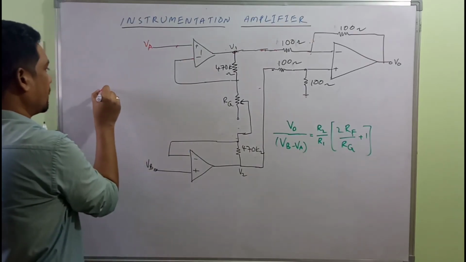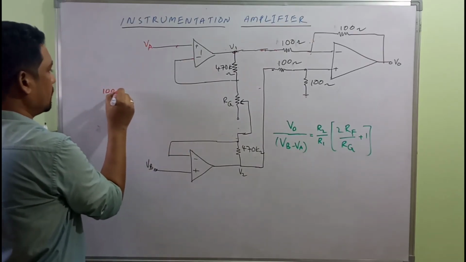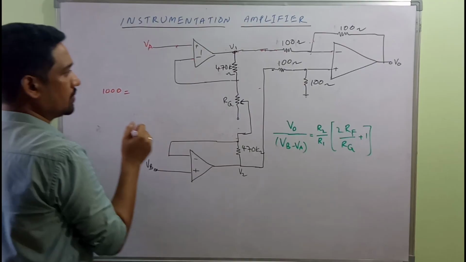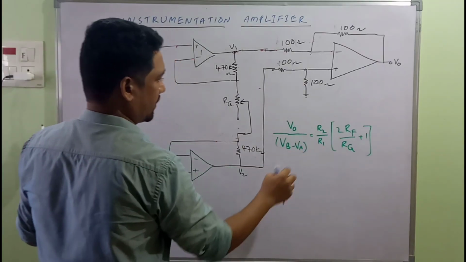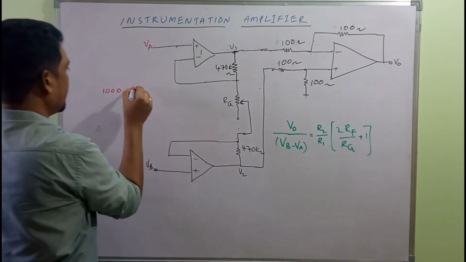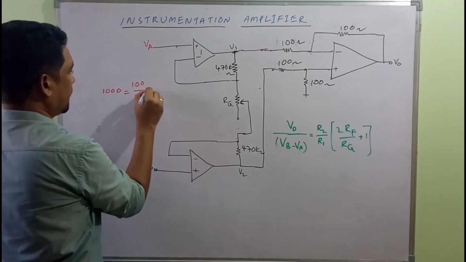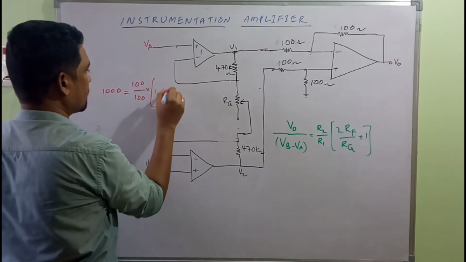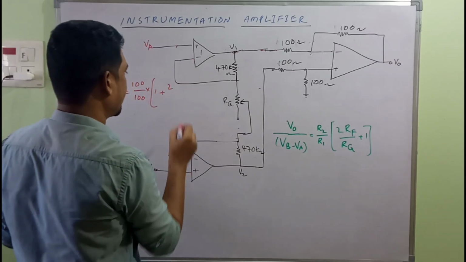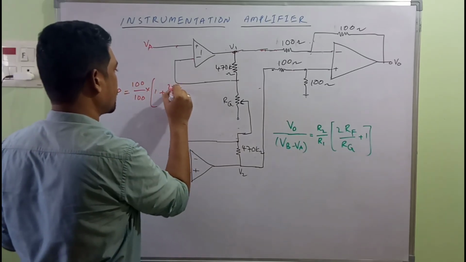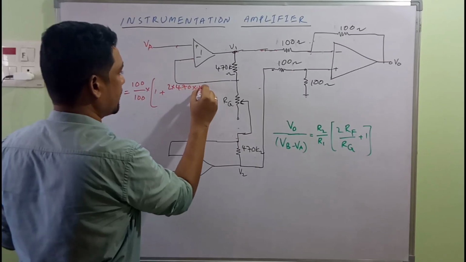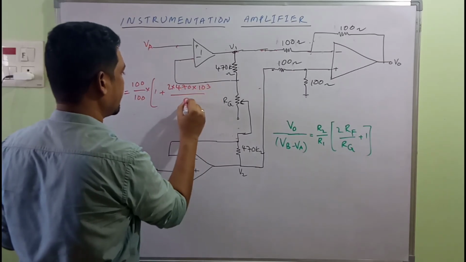So the gain 1000 should be equal to, making use of this equation once again, R2 by R1, which is 100 upon 100, into 1 plus twice of RF, RF being 470 into 10 raised to 3, by RG.